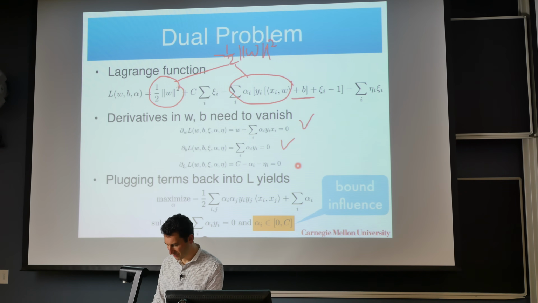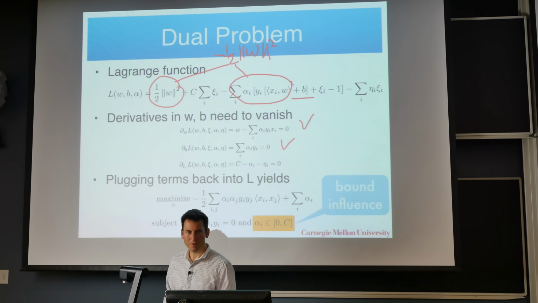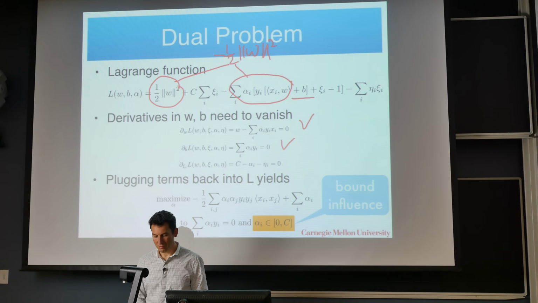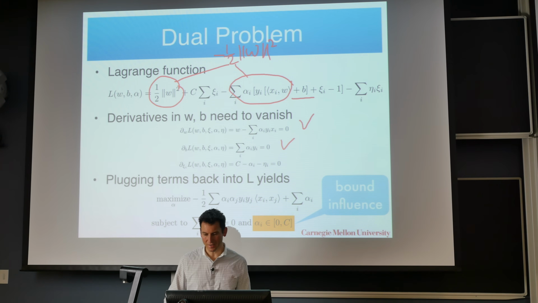So this expression here. By the way, why do I want to have a constant C in the entire problem here? Remember, C is the amount of penalty that I give the slack variables. What would a large value of C do? Force the slacks to be very small. Exactly.